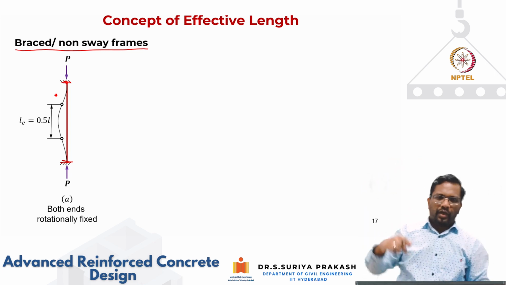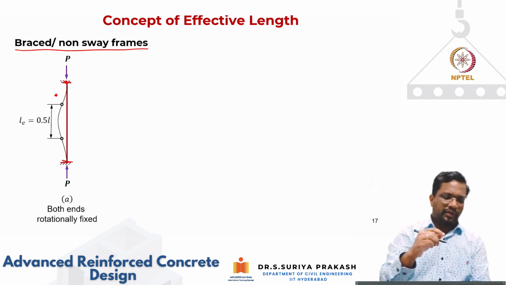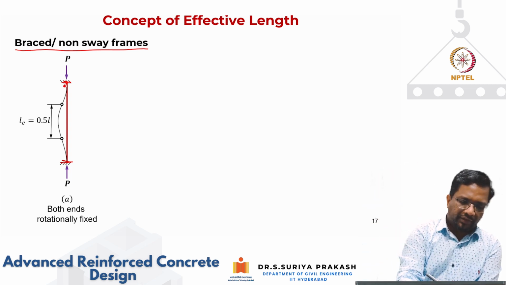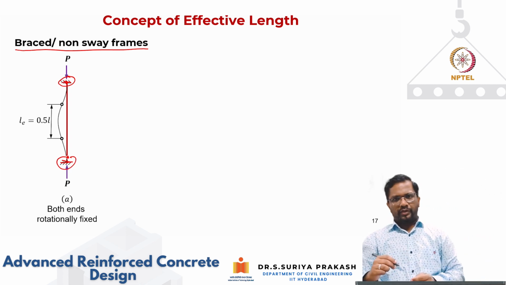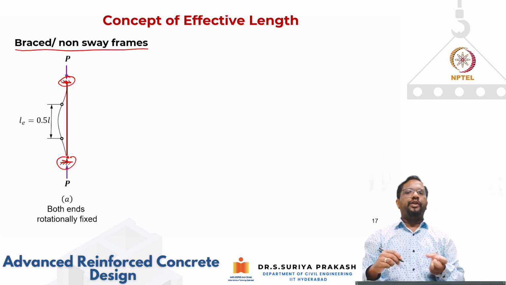Though they are staying the same with respect to each other, I can have different boundary conditions. What I am considering here is that the top and bottom are rotationally fixed. That means I am not allowing any rotation.